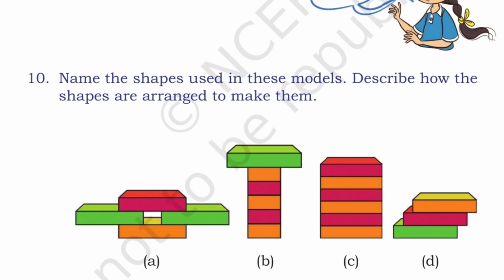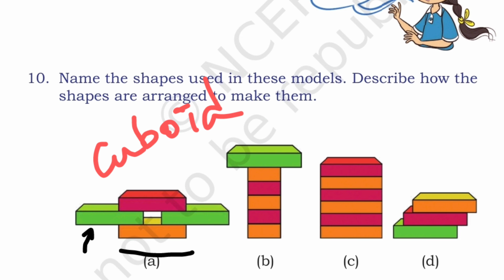Next one, name the shapes used in these models. Describe how shapes are arranged to make them. When we see all these, the shapes used are cuboids. See the first one, A. For the base they have arranged an orange color cuboid and on top of that they have arranged another cuboid. On top of that they have placed a red color cuboid.